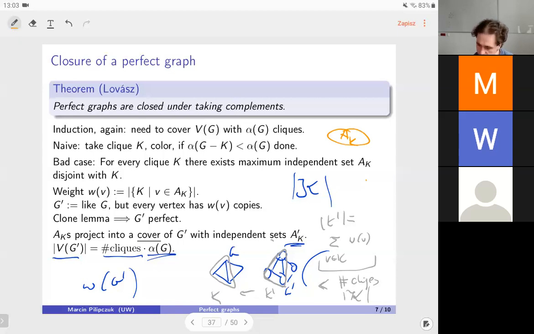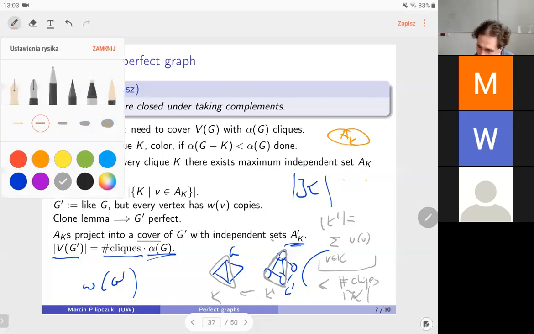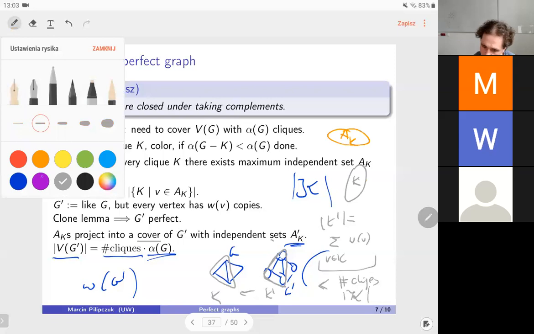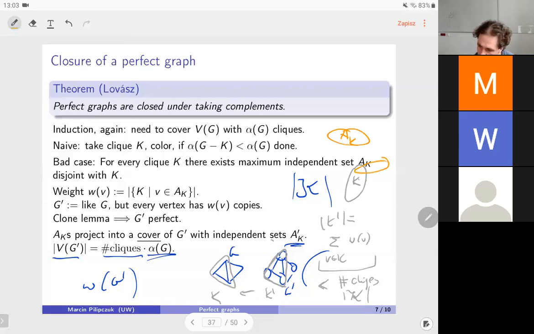So let's take notation. Let's take clique K and let's look at some other set, which is K hat, for some other K hat. It can intersect only in one vertex. So it contributes only one to the weight of one vertex unless it's disjoint.